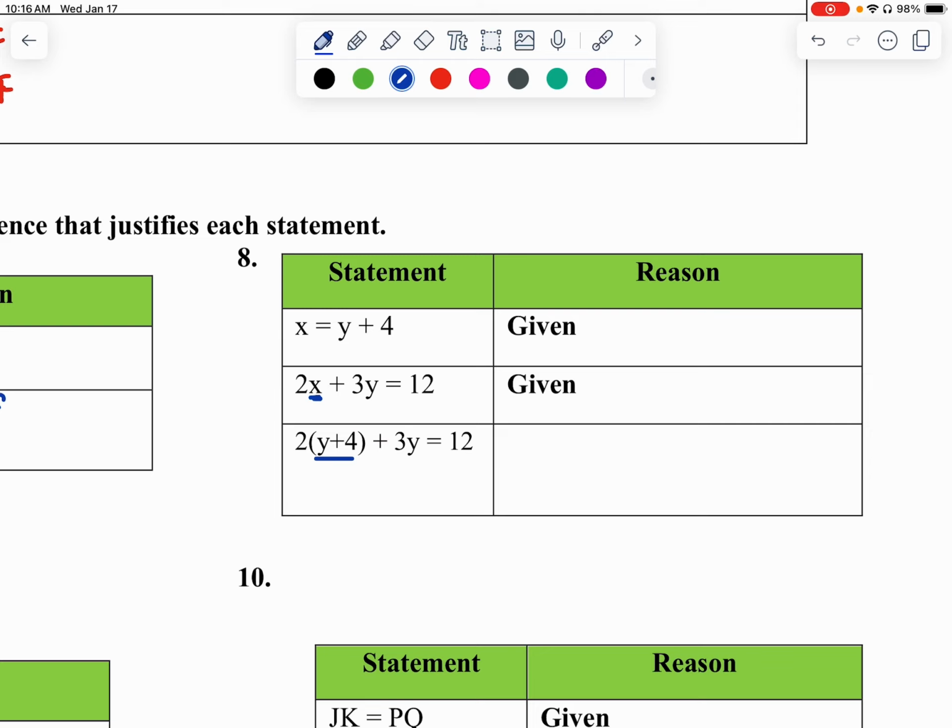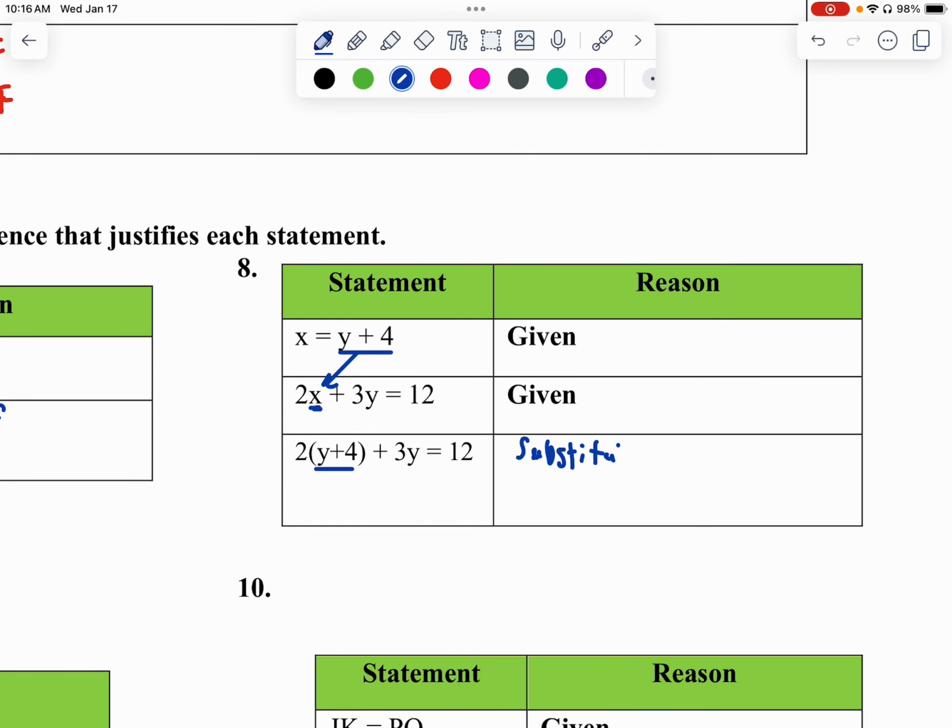Where did that y plus 4 come from? Well, x equals y plus 4. So what we did here is we substituted in that y plus 4, meaning we can say that our reason here is the substitution property of equality.